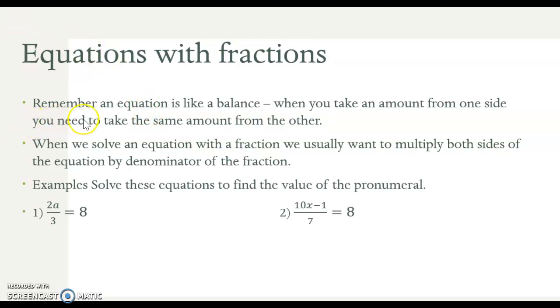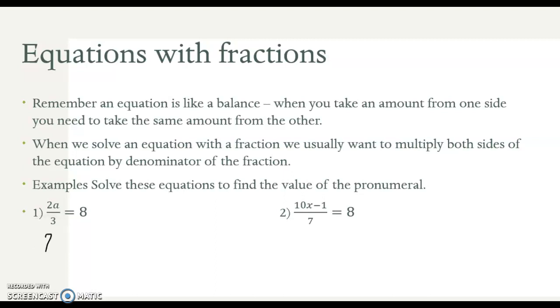Let's solve this equation and we'll try and find the value of a in the first one. So what we want to do is, first of all, get rid of that fraction. To do that, we need to multiply both sides by 3, because a fraction bar, if you think about it, means the same as divide, and we need to do the opposite of that.